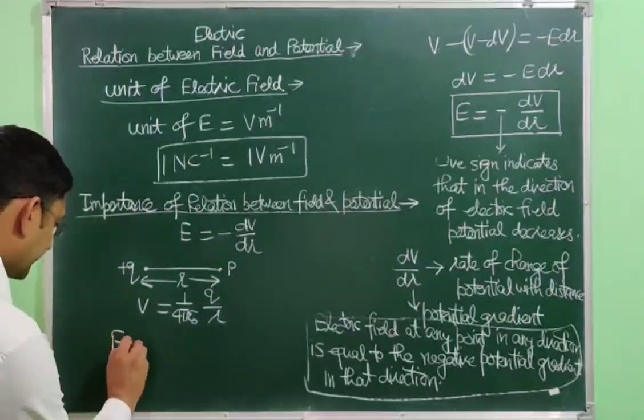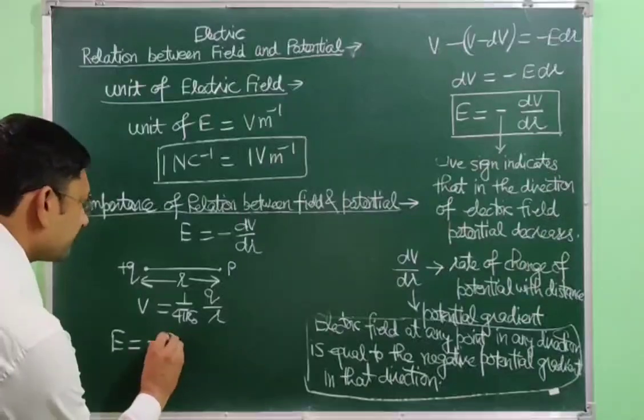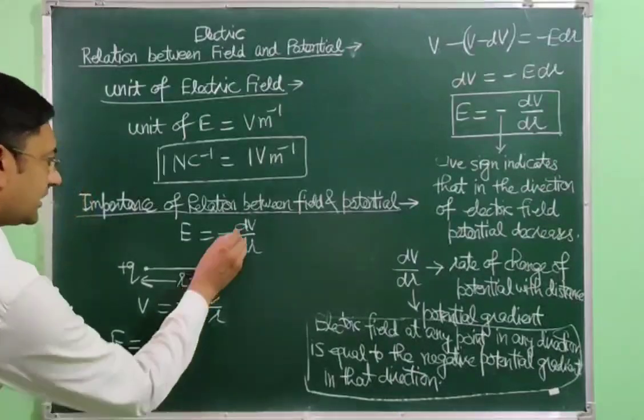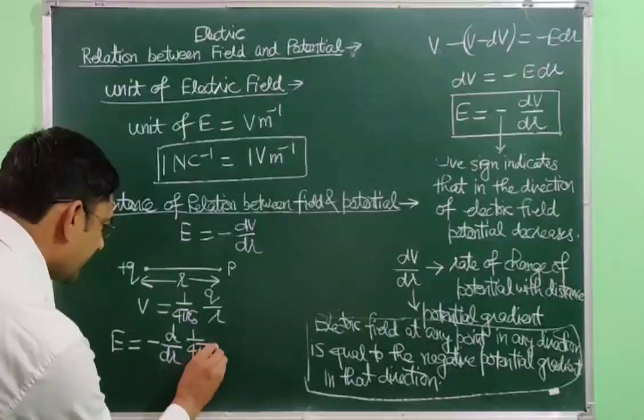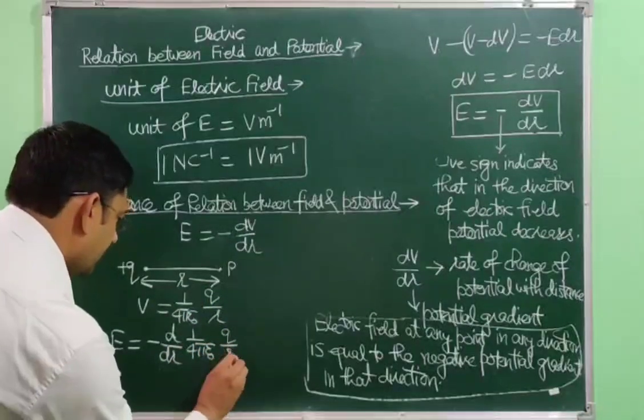So what will be electric field? It will be minus d over dr of V. And what is V? It is 1 upon 4 pi epsilon naught, Q over r.